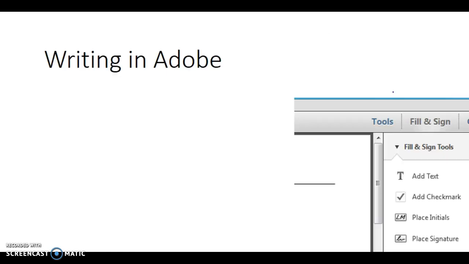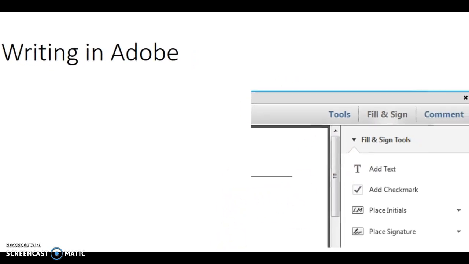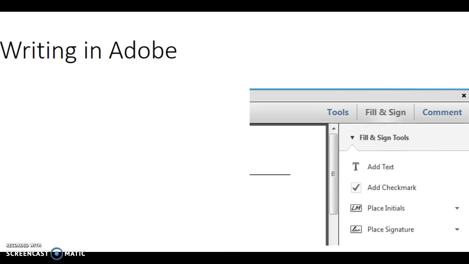Okay? Finally, several of you asked about the ability to write in Adobe. Well, on this particular assignment, it's really not going to be helpful since you have to graph. You also are going to need to show me those graphs by hand. But if you ever get into Adobe and see this button, fill and sign, you do have options there to add text, and you can type in Adobe that way.